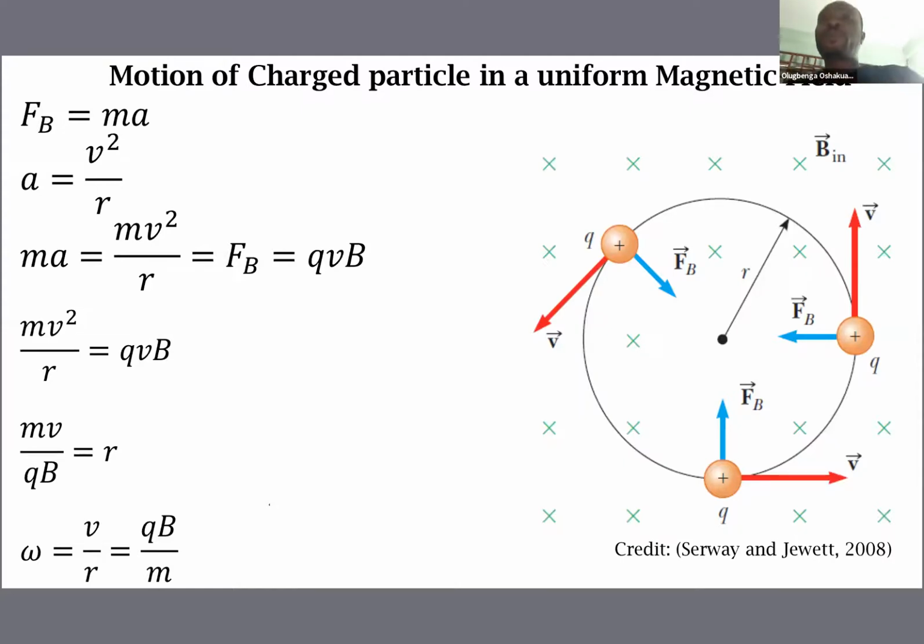So let's talk about the motion of a charged particle in a uniform magnetic field. We should have known from introductory mechanics that magnetic force, F sub B, is just like force, a product of mass and acceleration. And we know that centripetal acceleration is v squared over r.